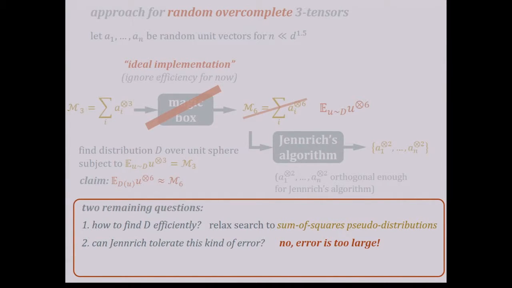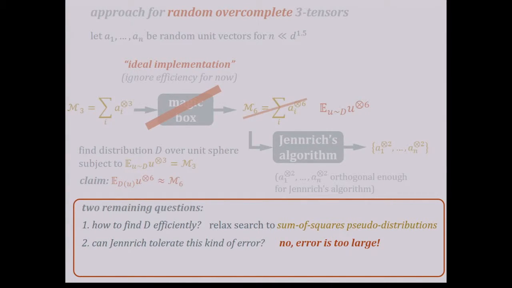What's the problem, right? If you remember the calculation that we did here, we essentially showed that these two guys are close in Euclidean distance, but Jenrich's algorithm relies on eigenvalues, magnitudes of eigenvalues, these spectral gaps.